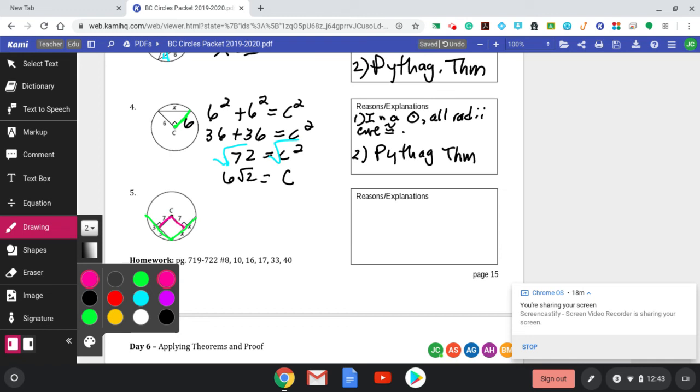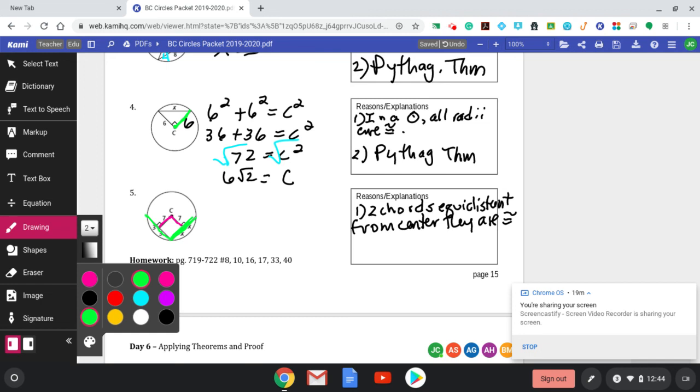One of the last theorems we talked about today was, go back and look if you need to: if two chords are equidistant from the center, they are congruent. So this chord right here has to be a length of 6 because the other chord was 6.